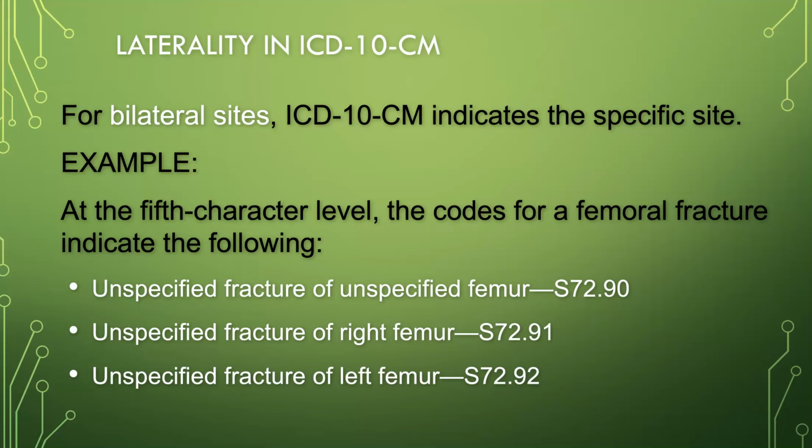That means it's not documented. Now, maybe we would query the physician in some instances. If not, we would use an unspecified code. The more specific code, the greater granularity, would be identifying whether it's the right femur, S72.91, or the left femur, S72.92.